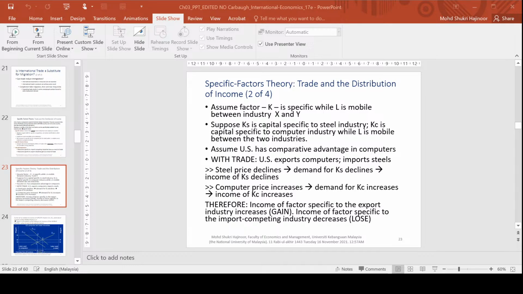So Klein found that the income inequality in the United States was because of tech change, not so much because of trade.